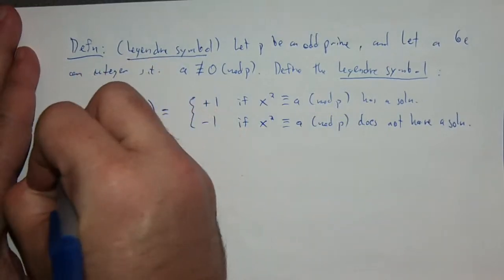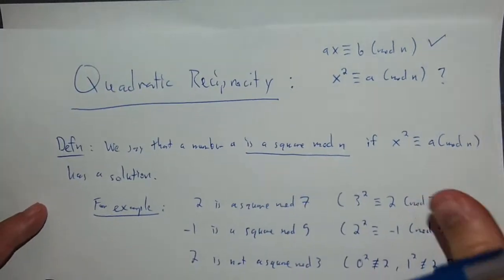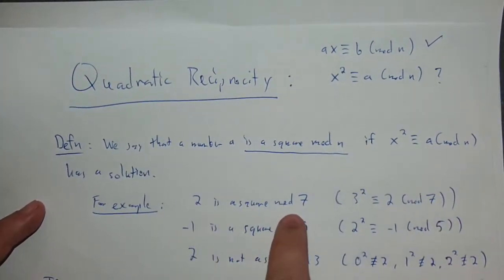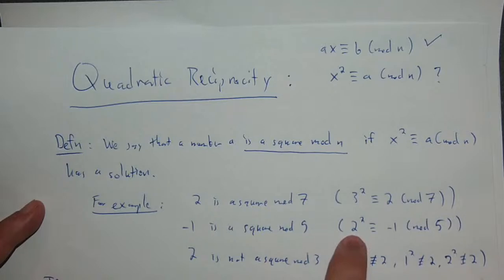So using the previous examples, maybe I'll go back to my first sheet here. In my previous examples, I said that 2 is a square mod 7, because 3 squared is congruent to 2 mod 7. Minus 1 is a square mod 5, because 2 squared is congruent to minus 1 mod 5. But 2 is not a square mod 3, because neither 0, 1, nor 2, when you square them, you get 2, right?